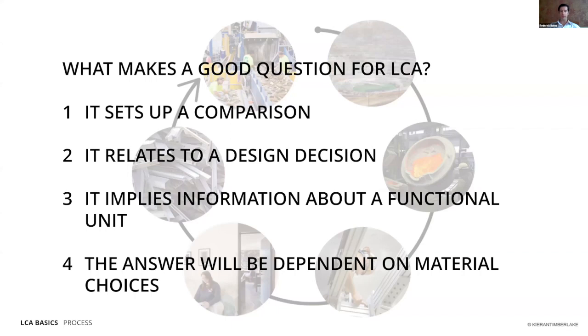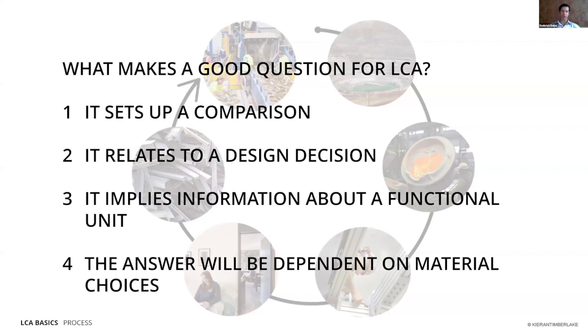So in a sense, that's the point here. You're trying to help facilitate making a decision. You're not just trying to find out something interesting, but actually using the information that's generated. And then the question itself you're asking implies what's referred to as a functional unit. I'll detail what a functional unit means in a second, but just to put that briefly, what it means is that the information is specific to a particular application.